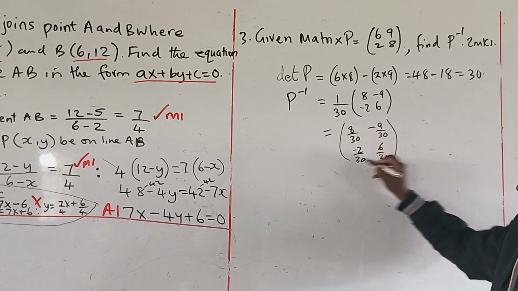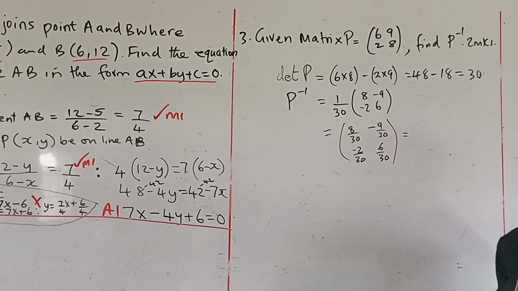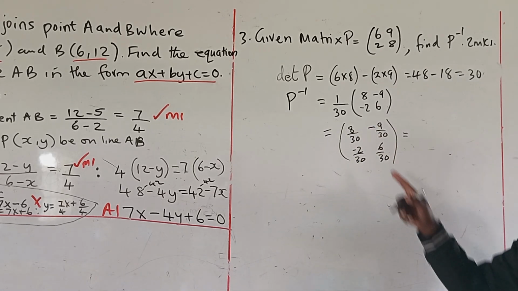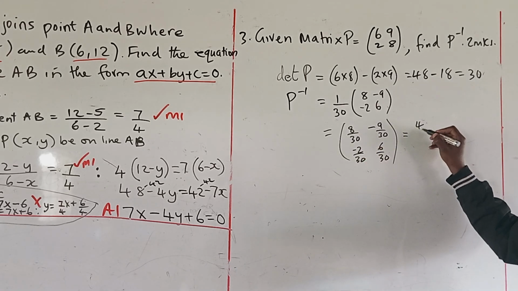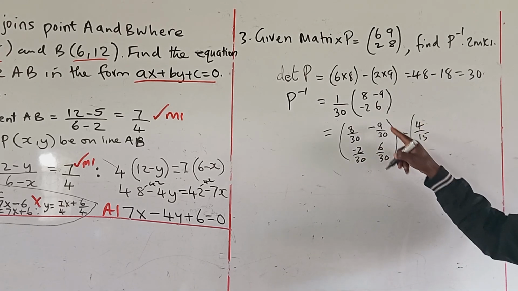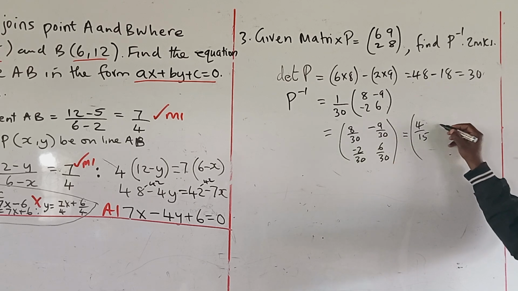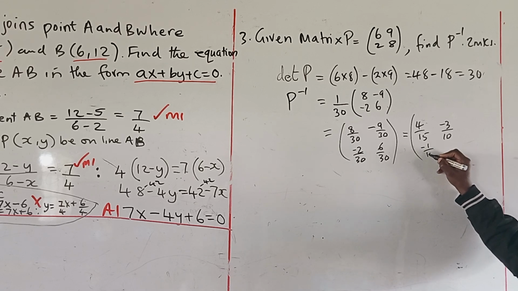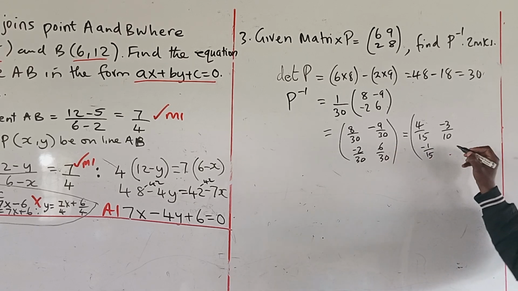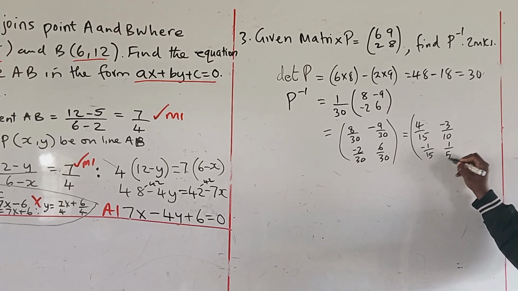And where possible, we reduce this to the simplest form. Maybe dividing by 2 gets you 4 over 15. Dividing by 3 gives you -3 all over 10. Dividing by 2, -1 over 15. Dividing by 6 gives you 1 all over 5.